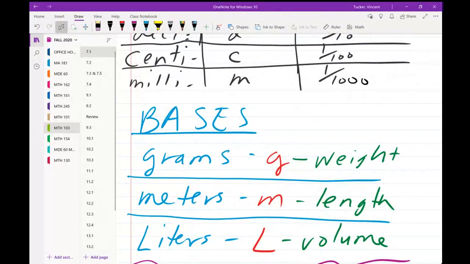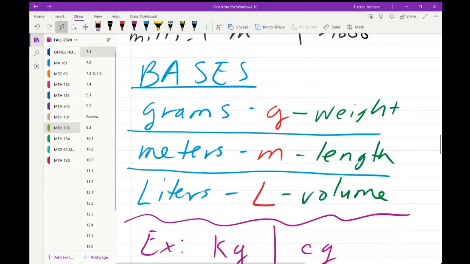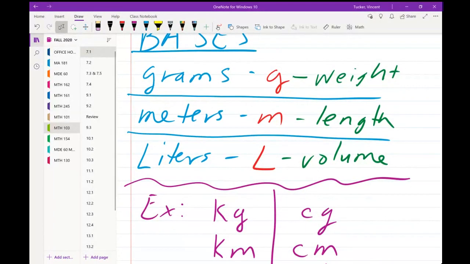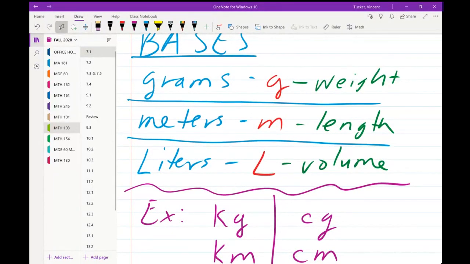All right. So our bases: grams, meters, and liters. Grams measure your weight, meters measure length, and liters measure volume. And then here are examples of how we use our prefixes on the bases.